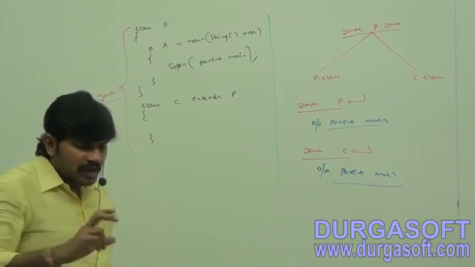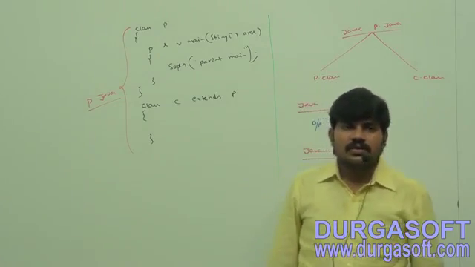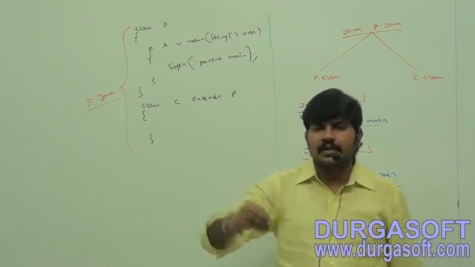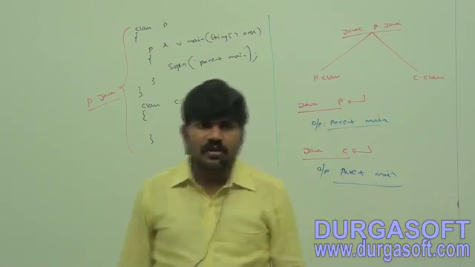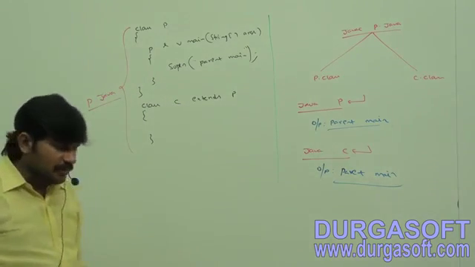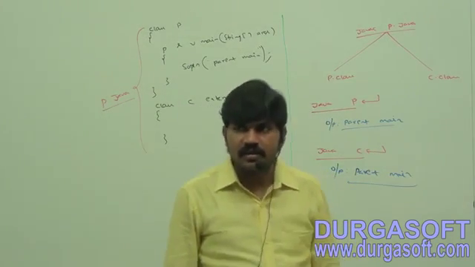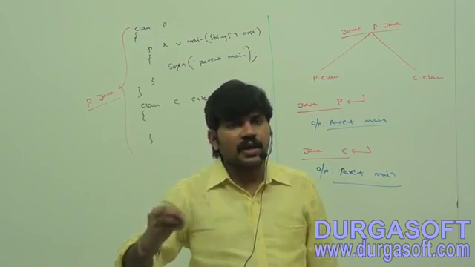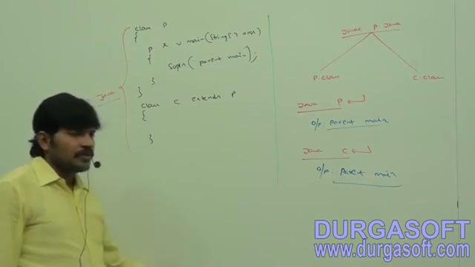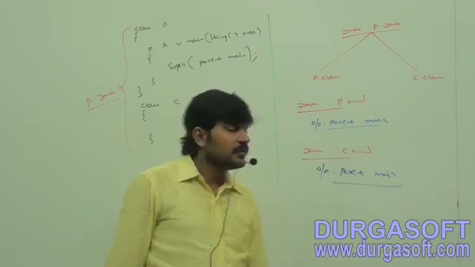Hence, while executing a child class, if the child doesn't contain a main method, then the parent class main method will be executed.